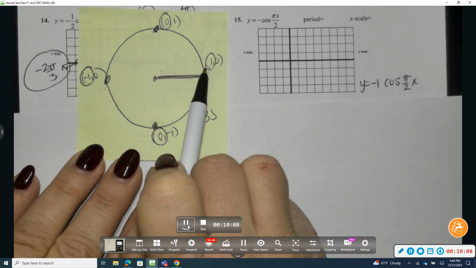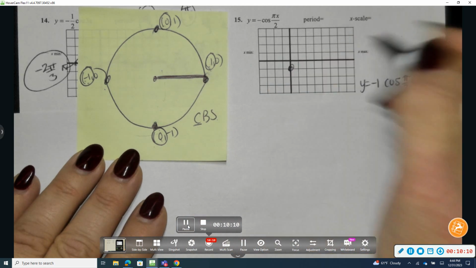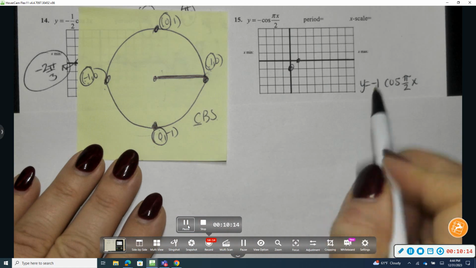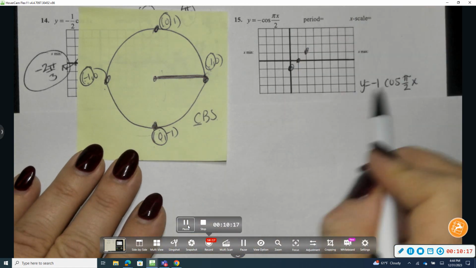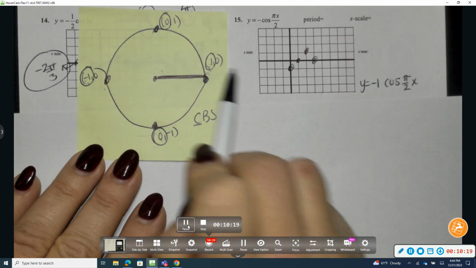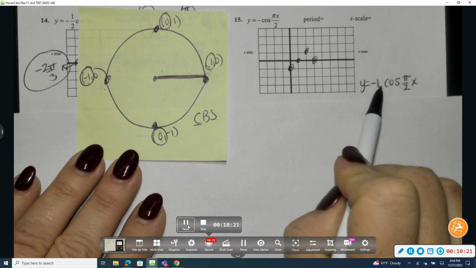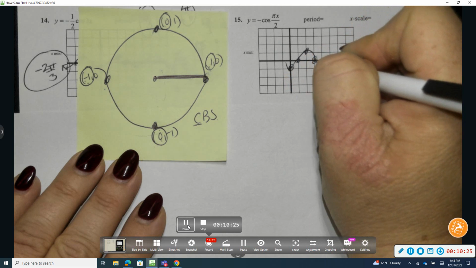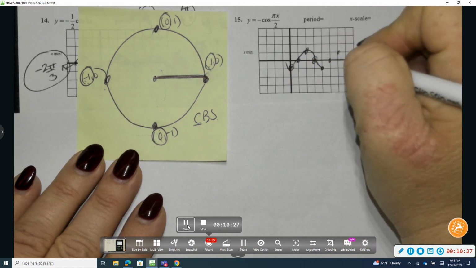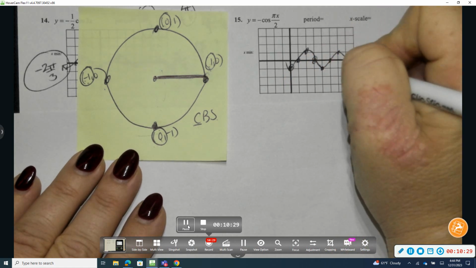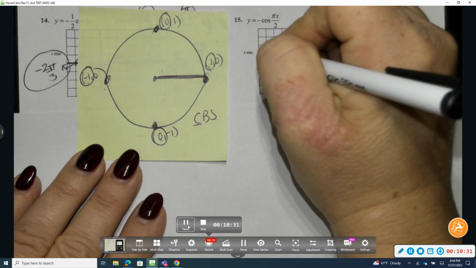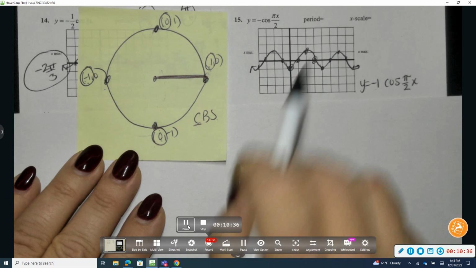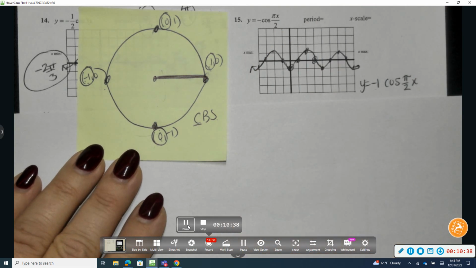I'm starting here, 1 times -1, 0 times -1, -1 times -1, 0 times -1, and step 4, 1 times -1. So here's one cycle, and I'll continue it to illustrate a second cycle, and then reverse it as I go backwards one cycle.